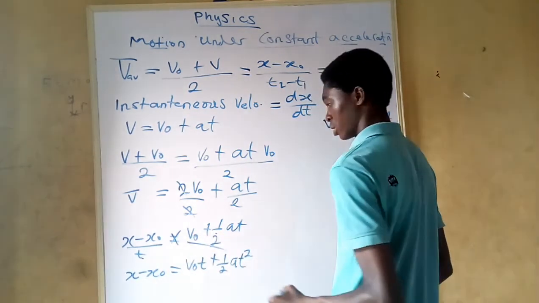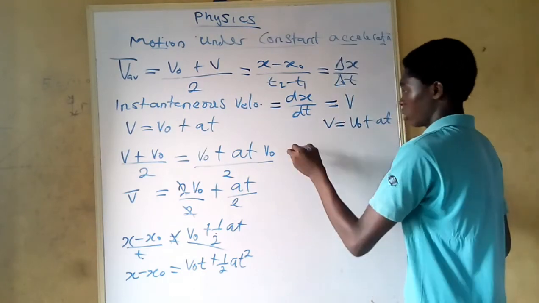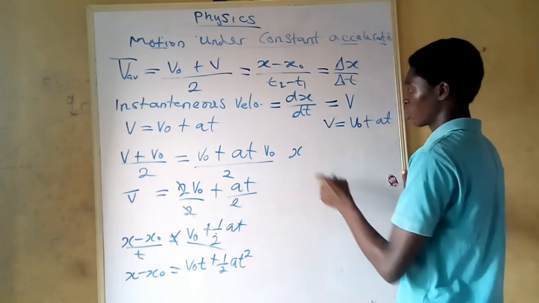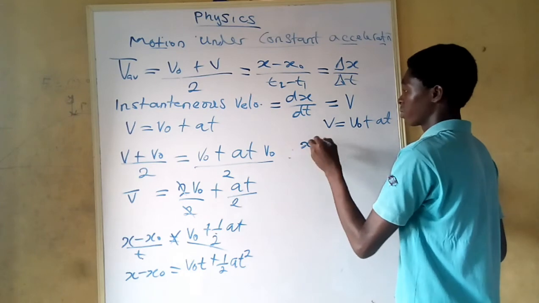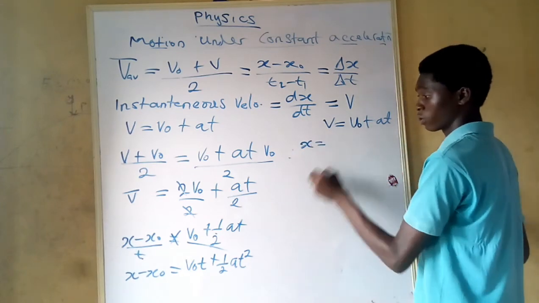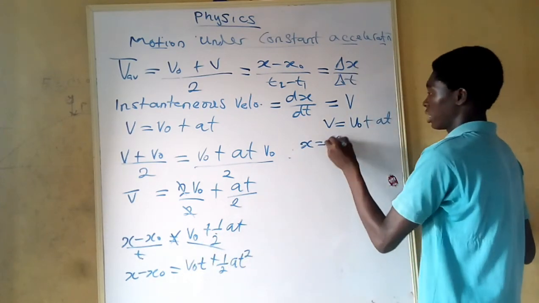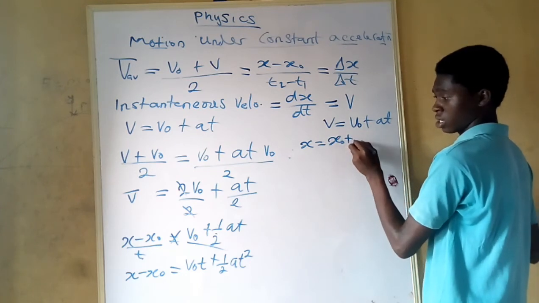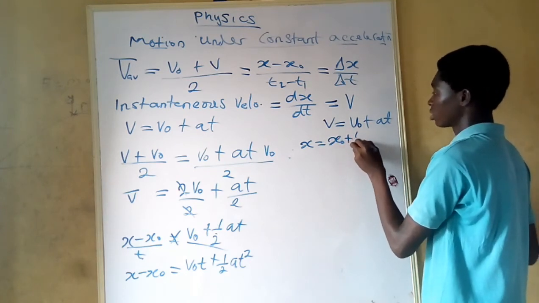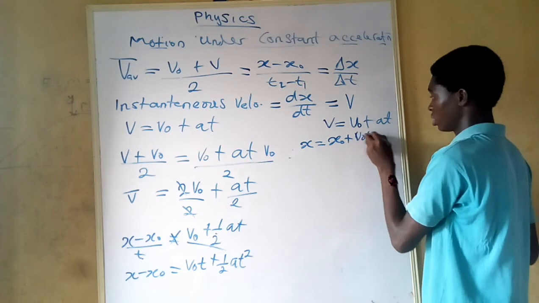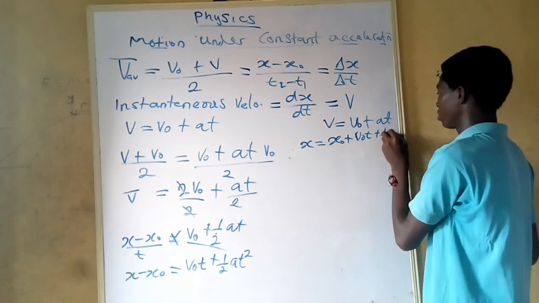So now, making x the subject of the formula, we have x equals x naught plus v naught t plus half a t squared.